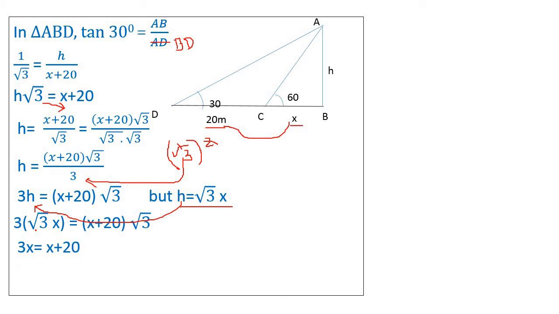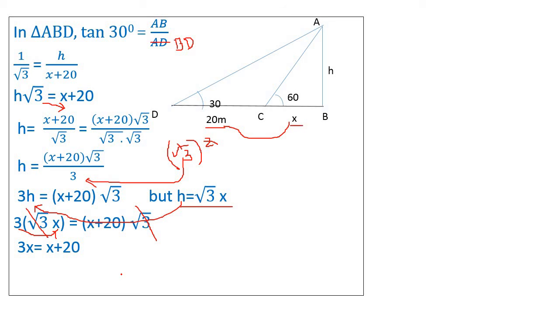Now you multiply. So what you will get? You can cancel this root 3 and root 3 on both sides. You will get 3 into x, 3x, then x plus 20. Transpose x to LHS.